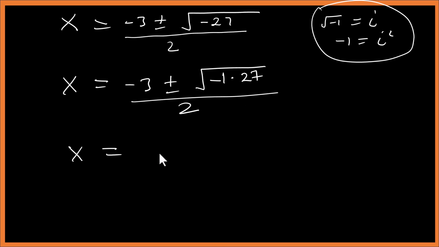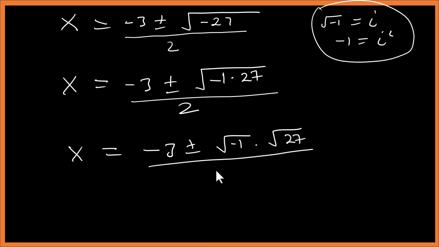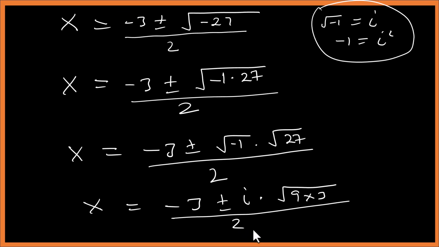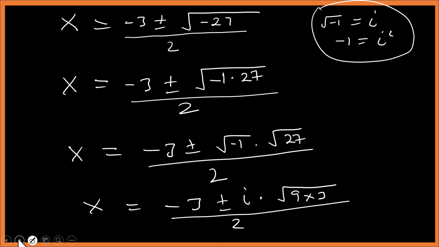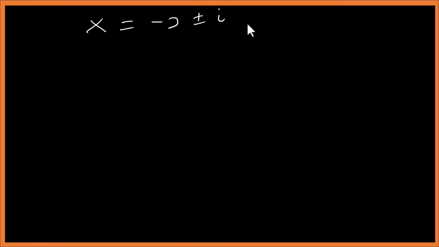So my x will be minus 3 plus or minus i times the square root of 27. Now we have 9 times 3 under the root, so my x will be minus 3 plus or minus i times the square root of 9 times 3, on 2.